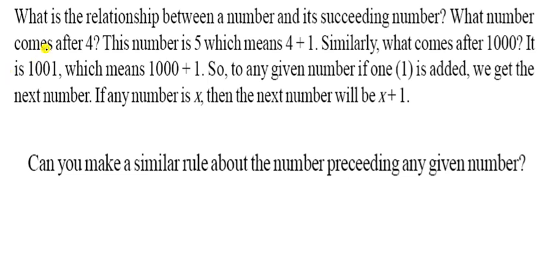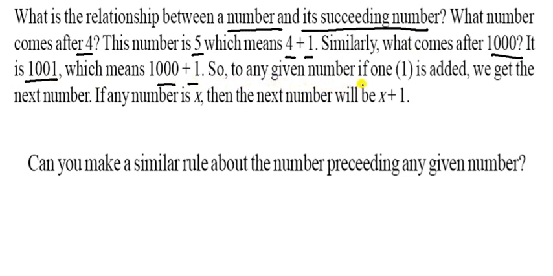Let us see the next one. What is the relationship between a number and its succeeding number? What number comes after 4? It is 5. That means 4 plus 1 is 5. Similarly, what comes after 1000? It is 1001, which means 1000 plus 1 is 1001.